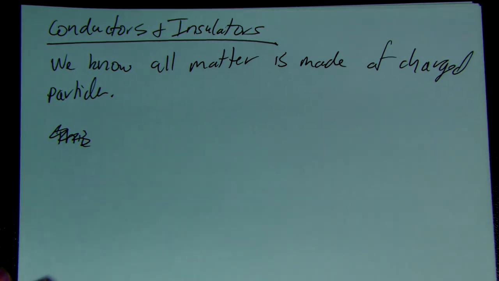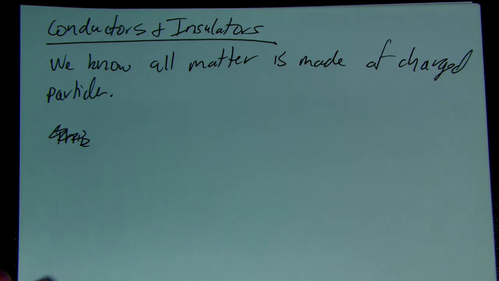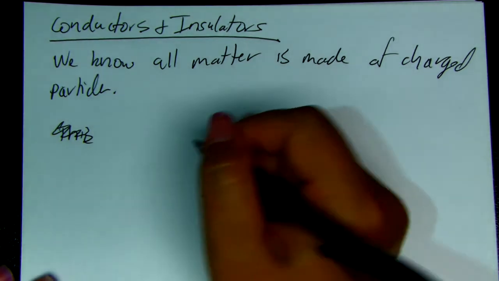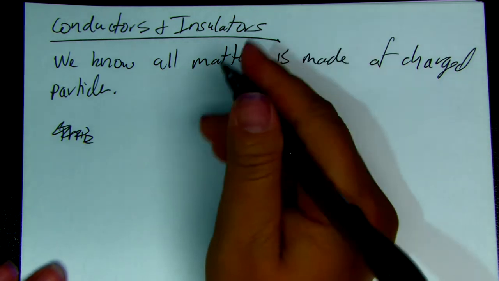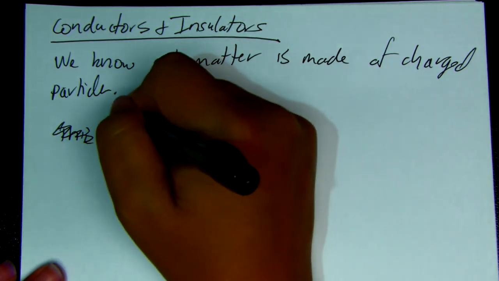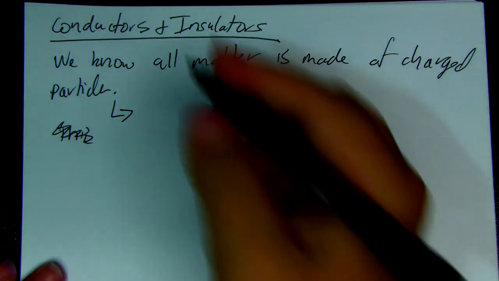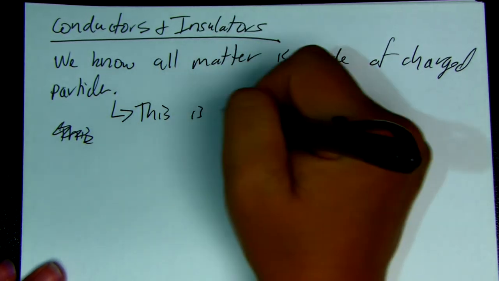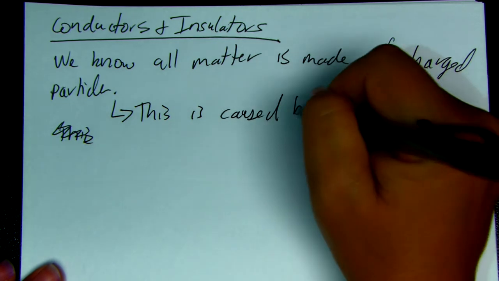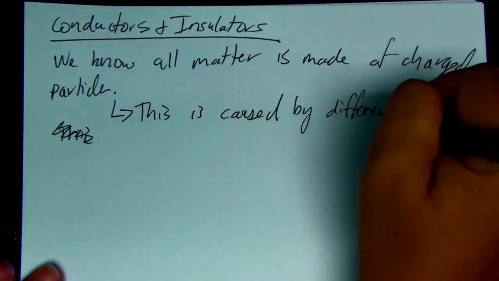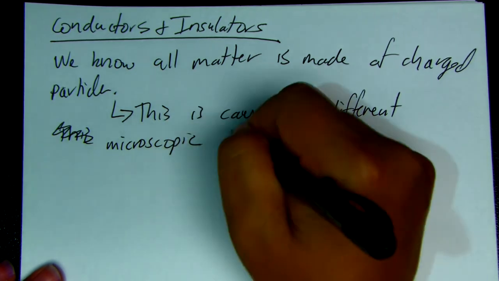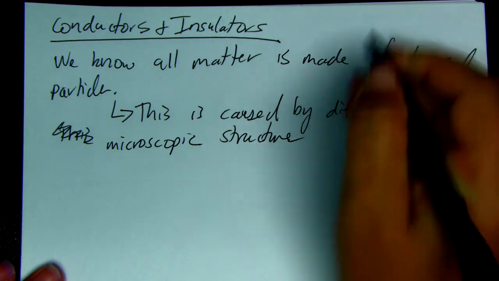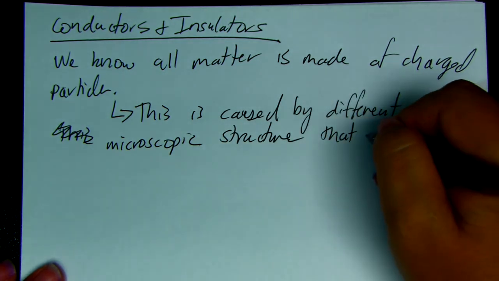Think about static electricity. If you rub a balloon on your hair, your hair is going to try to stick to the balloon. And we know that some materials are easier to run charge through than others. Whether or not charge goes through easily is caused by different microscopic structures that make it easier or harder for charge to move.